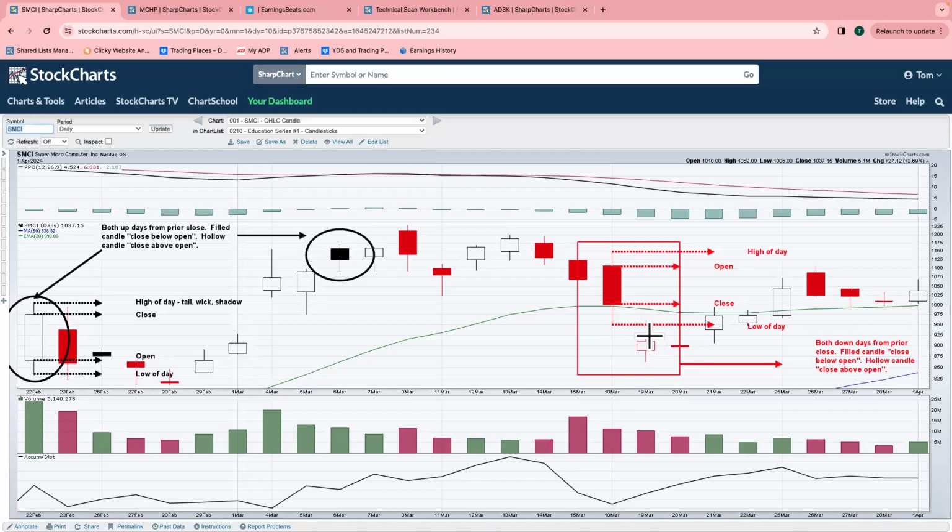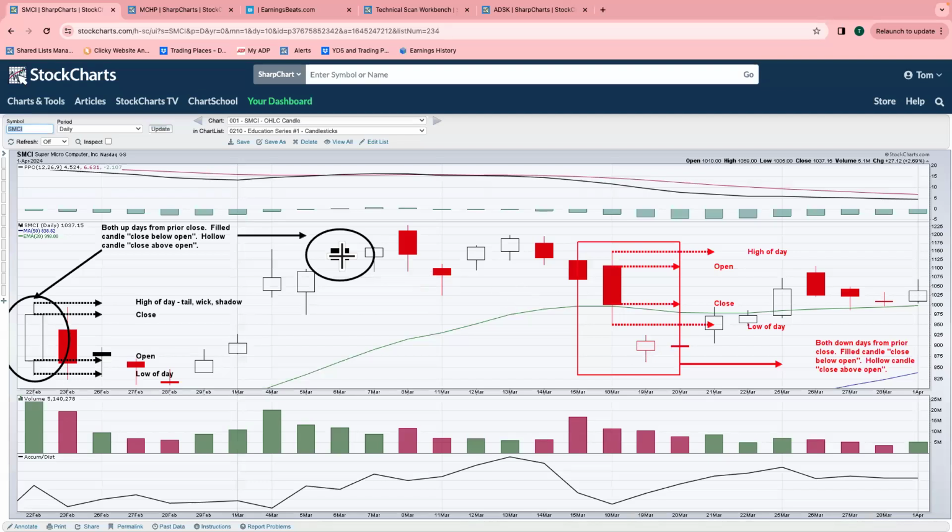There was actually buying throughout the day. So it's much better to see a red hollow candle than a red filled candle. A red filled candle gives you the sense that there was a lot of selling throughout the day. The red hollow tells you that you actually finished above the open.